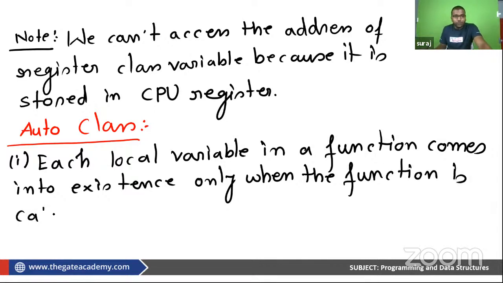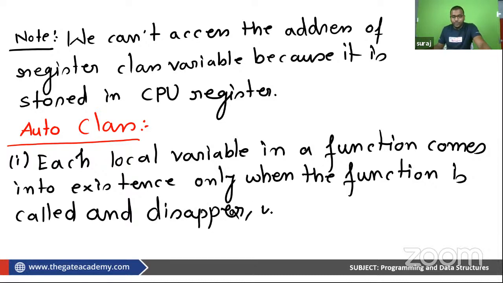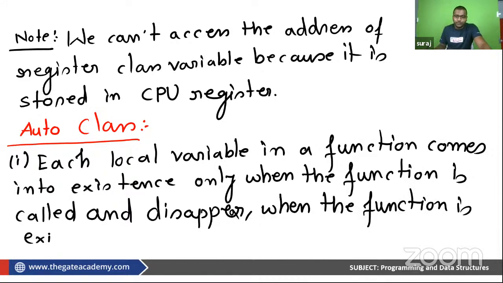When it is called, only then it comes into existence. When will it disappear? When the function is exited. So this is why such variables are usually known as automatic variables. That's why these variables are given the name automatic variable.